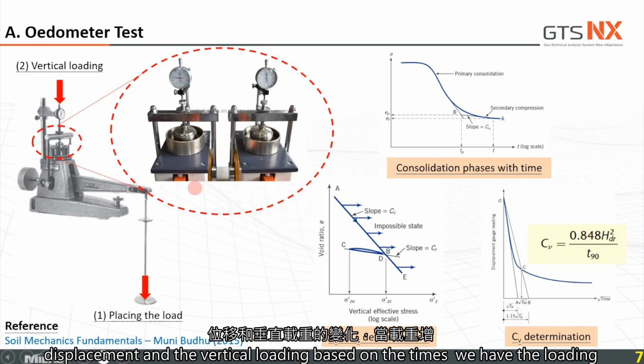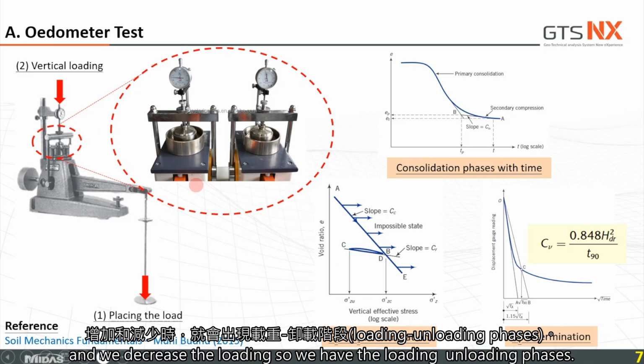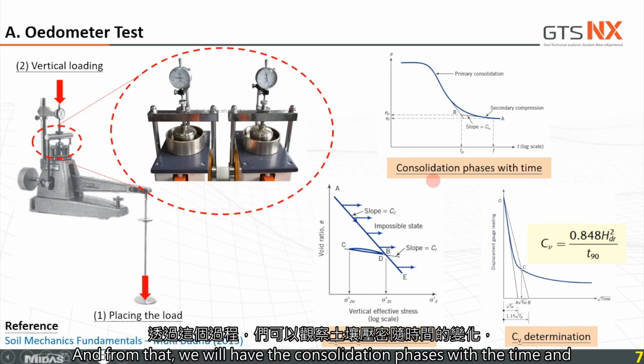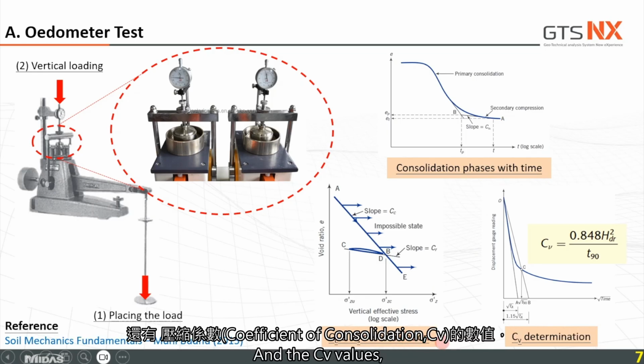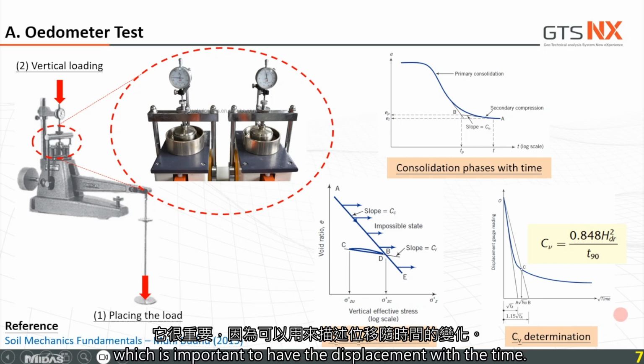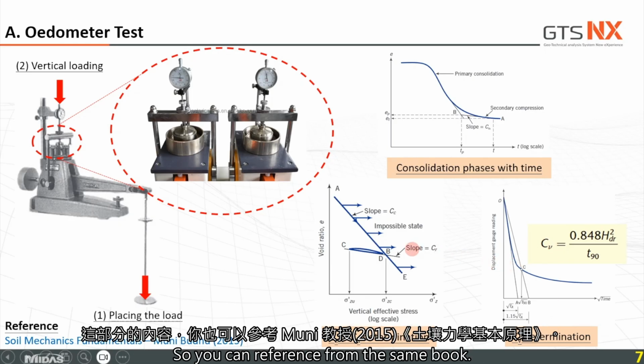We have the loading and unloading phases, and from that we have the consolidation phases with time, and the Cs and Cc values could also be determined, and the Cv values, which is important for the displacement with time. You can reference the same book.